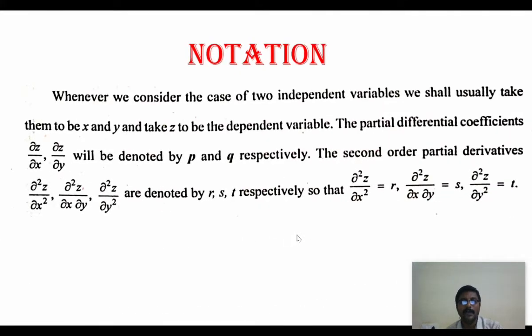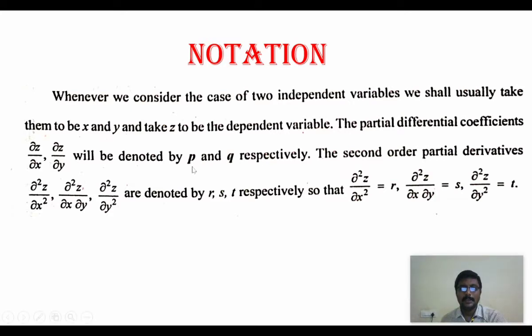Notation. Whenever we consider the case of two independent variables, we shall usually take them to be x and y. Here x and y are treated as two independent variables and z is a dependent variable which depends upon x and y. Then we have a notation for partial derivatives, that is dou z by dou x and dou z by dou y, which are denoted by p and q respectively.